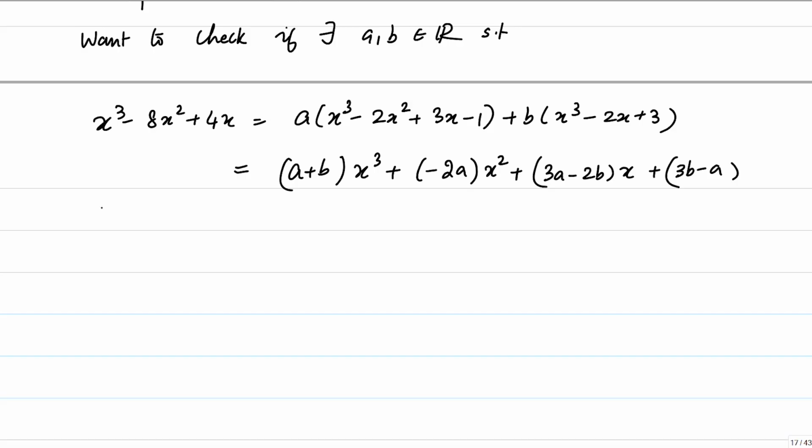By equating the coefficients of the monomials involved, we have a plus b is equal to 1, minus 2a is equal to minus 8, 3a minus 2b is equal to 4, 3b minus a is equal to 0.